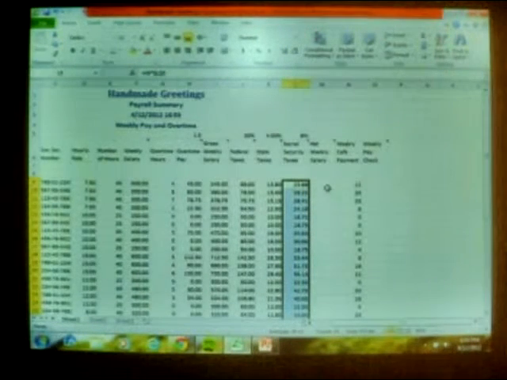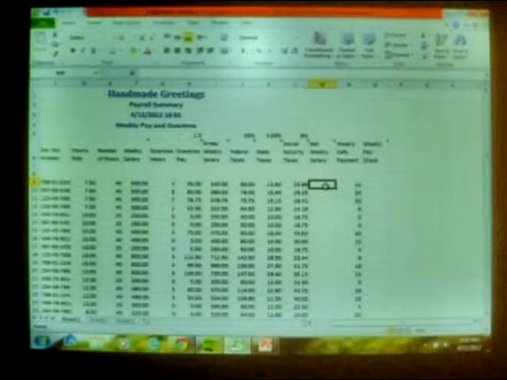Okay. The formula for the net weekly salary. All right.